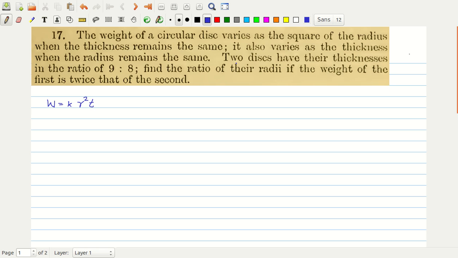Now, we have been given that there are two discs, they have their thickness in the ratio 9:8. So, we have disc 1 and disc 2.